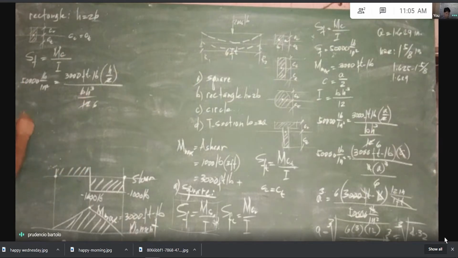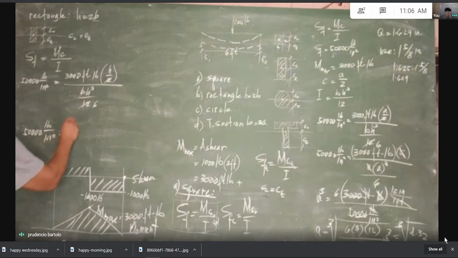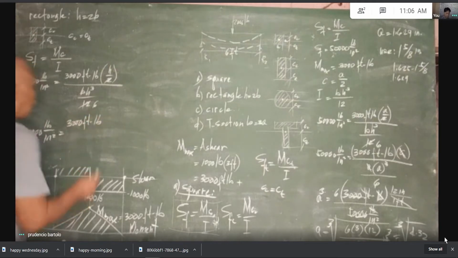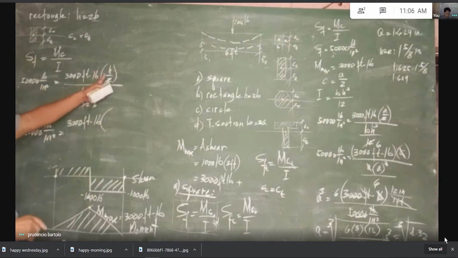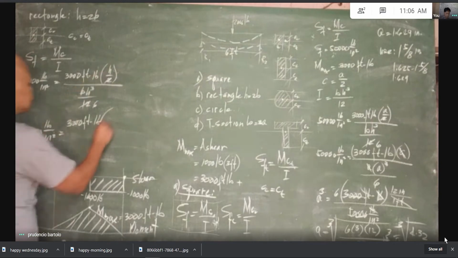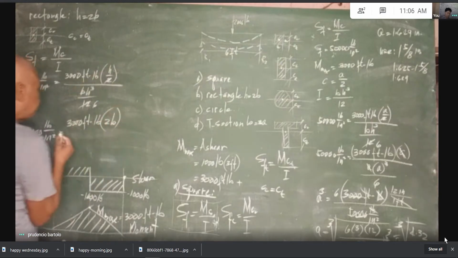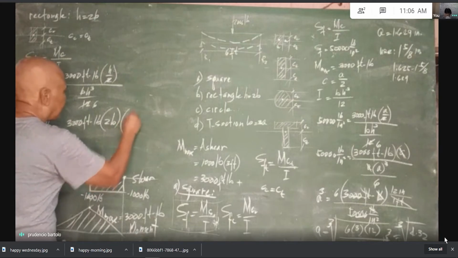So that is now 50,000 pounds per inch squared equal now to 3,000 foot-pounds multiplied by, we have here an X, that is equal to 2B, multiplied by 6.